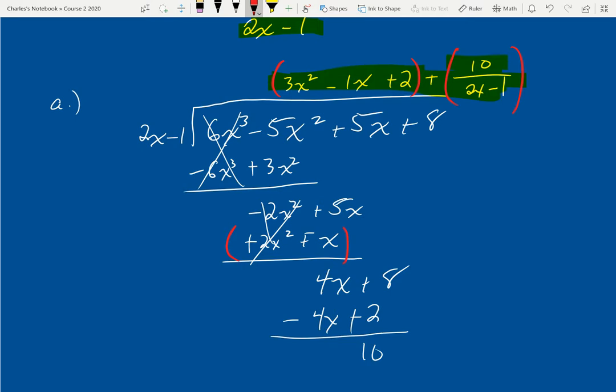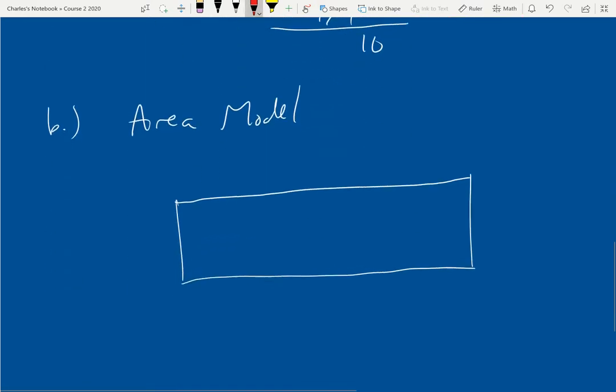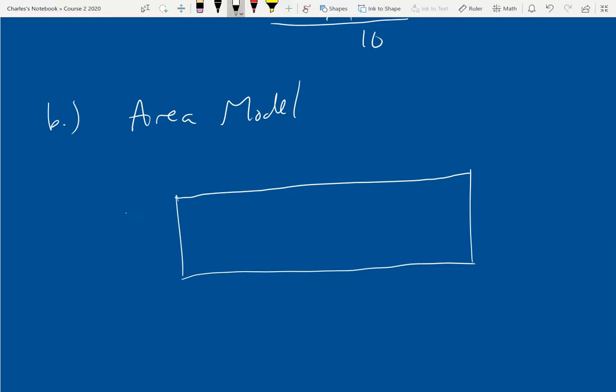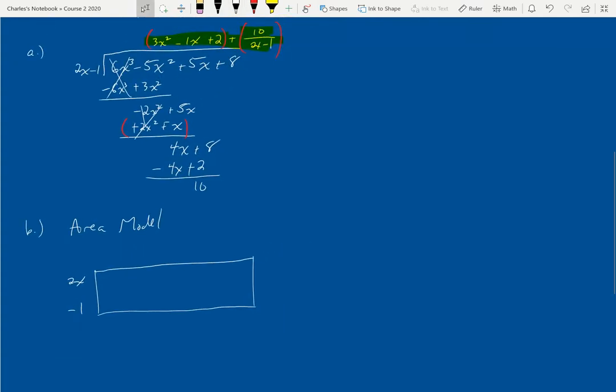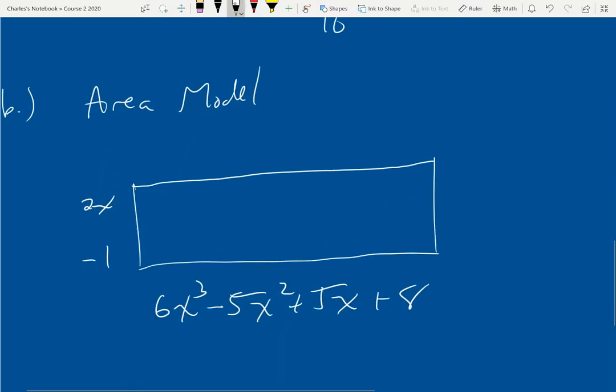If you get used to the area model and you remember that division and multiplication are inverse operations, you can use your area model to figure out what your answer is. So basically what I'm going to do is put this expression right here on the bottom, and I get 6x cubed, and I'm thinking, what are these numbers going to be that get me back here?